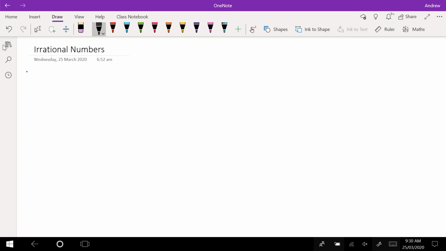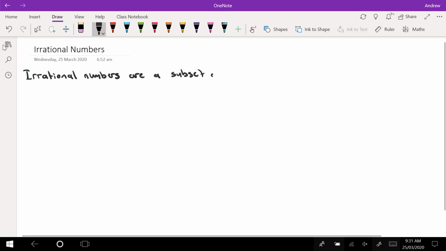Irrational numbers are a subset of all real numbers. So when we're talking about irrational numbers, they are a subset of all real numbers.